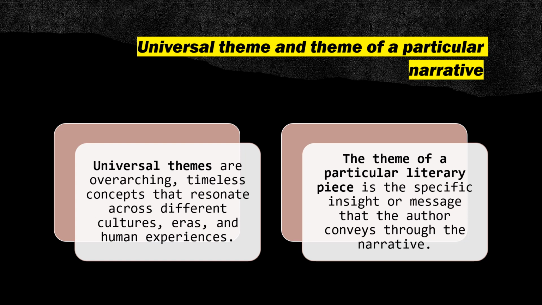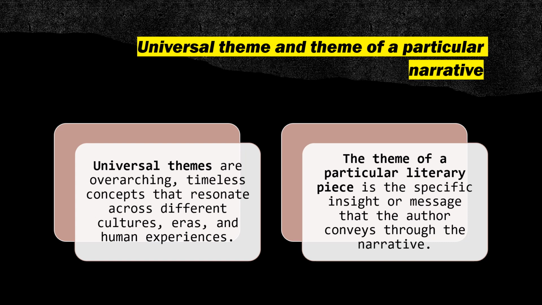In the case of Harry Potter, for example, there are some universal themes that we can identify, including love, friendship, the quest for identity, and the struggle between good and evil. In contrast, the theme of a particular literary piece is the specific insight or message that the author conveys through the narrative. It is the central idea that the work revolves around and seeks to explore or communicate.